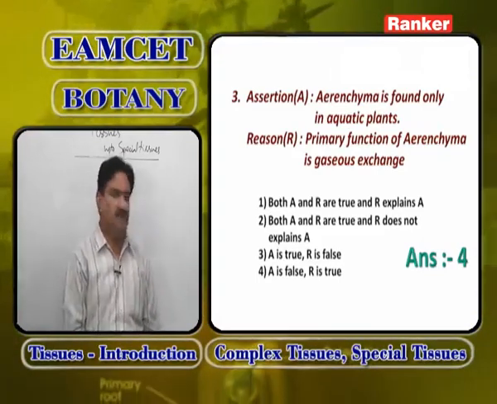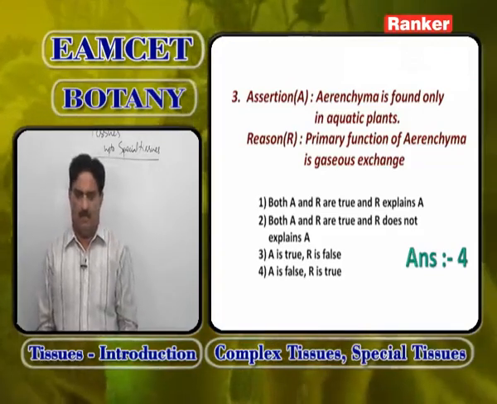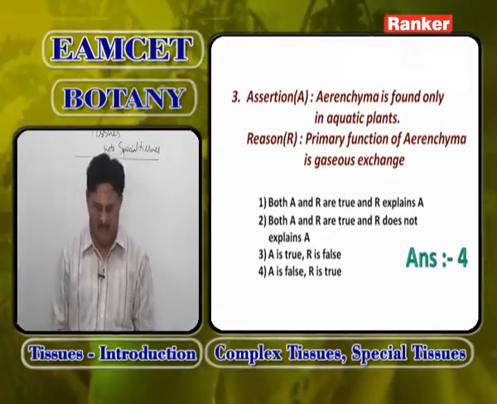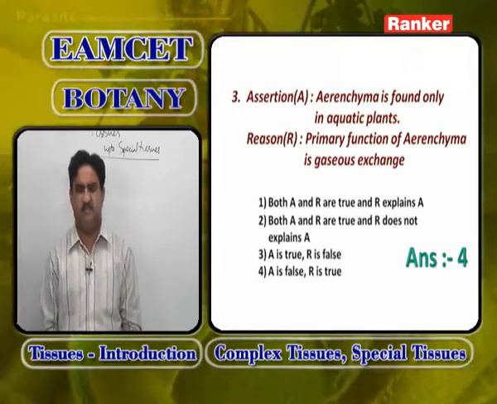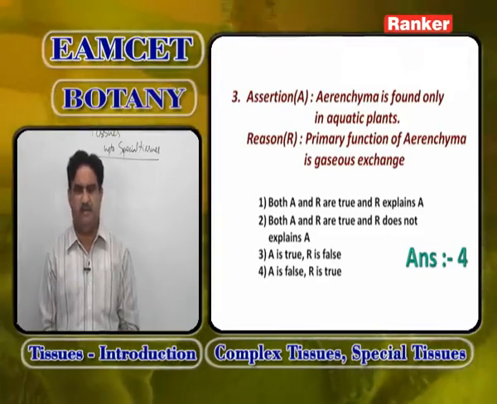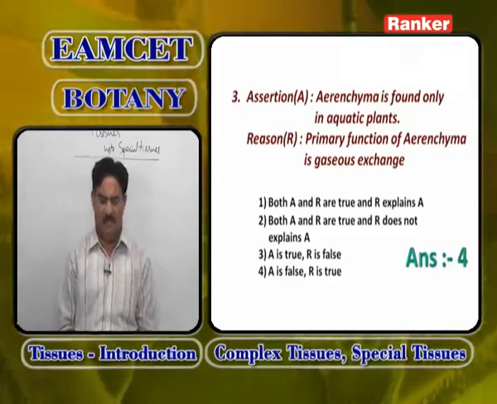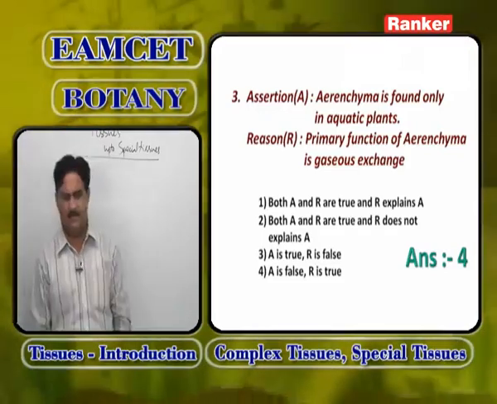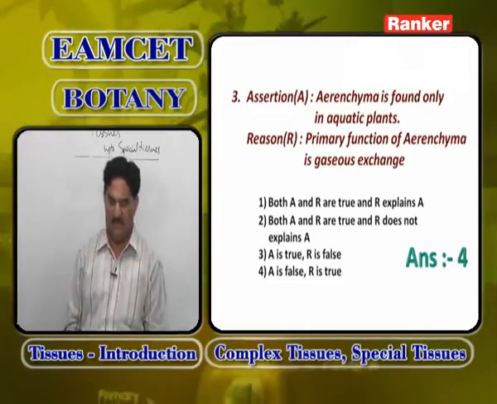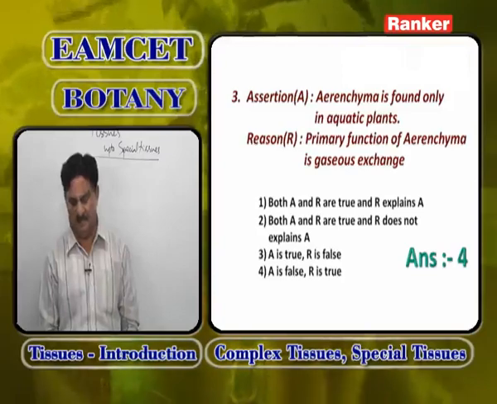Why? Because just now I told you the terrestrial plant with aerenchyma in its petioles is Musa, and some other plants may contain aerenchyma too. So the answer is A is false, R is true. 4 is the answer.